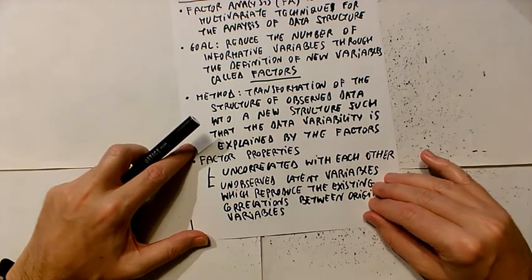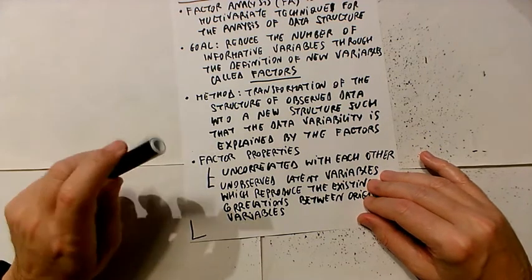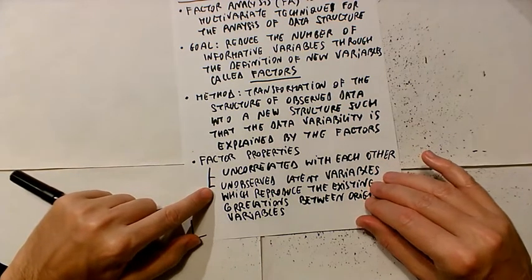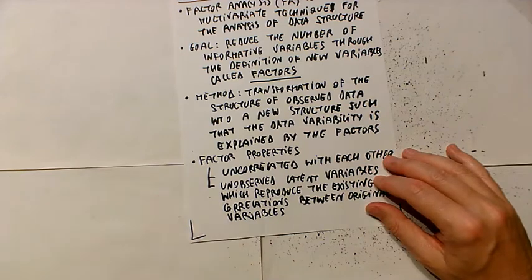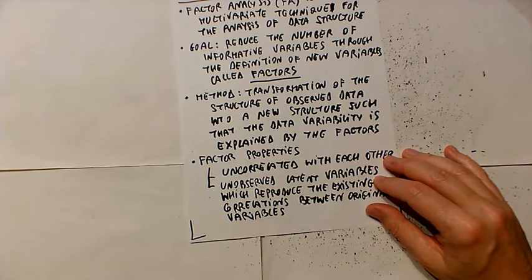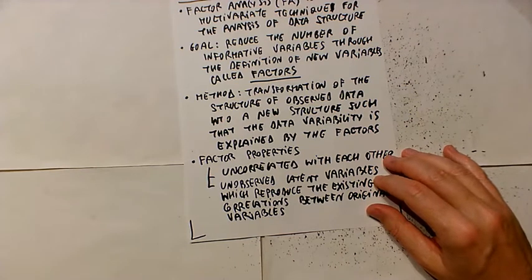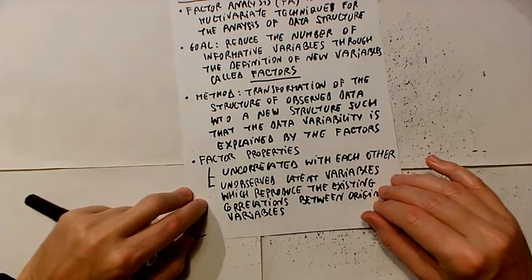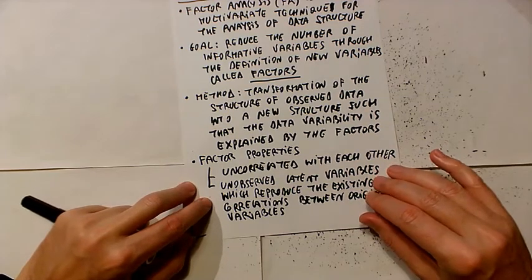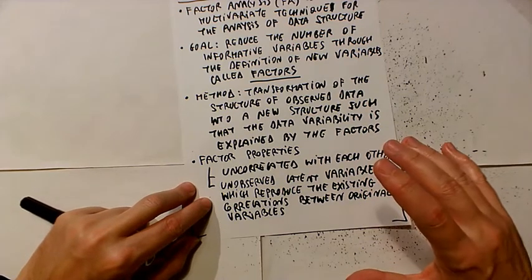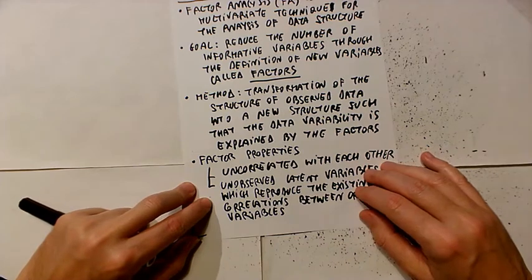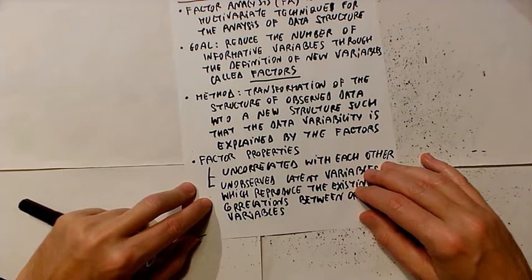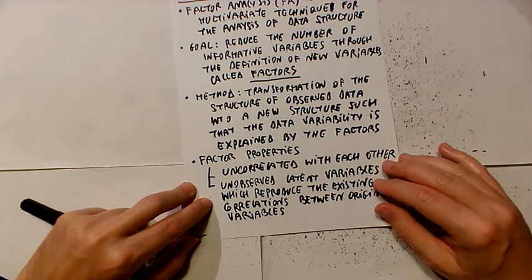I want to deepen this concept by giving you a typical example, a typical framework where factor analysis is applied, and I'm talking about psychology. Psychological concepts like cleverness, for example.